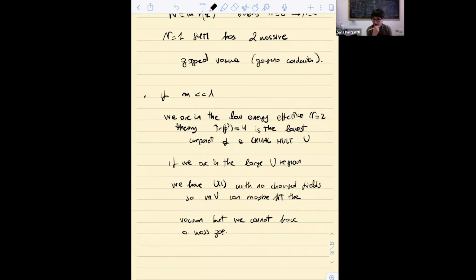This mass for U maybe gets rid of the scalar in the chiral multiplet, but the U1 vector multiplet stays massless. So I cannot have a mass gap in this way, and I cannot explain the confinement as we have in the n=1 case by this logic. So it cannot be explained if I imagine turning on the mass in the low energy theory in the large U region. So this doesn't work.